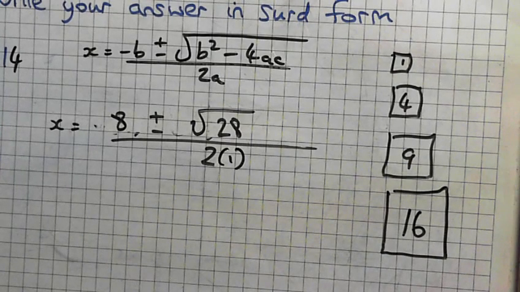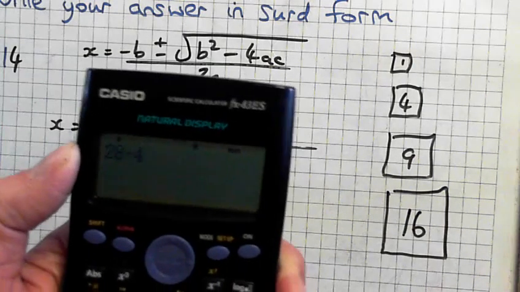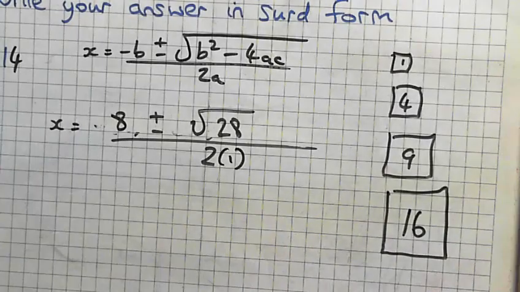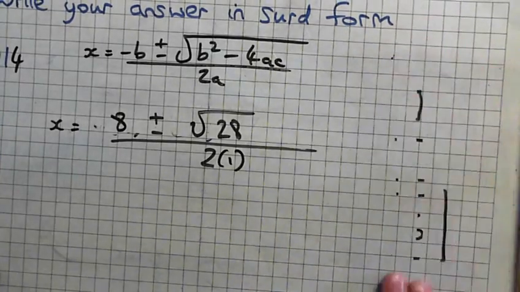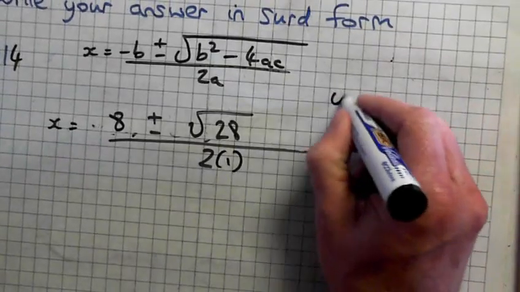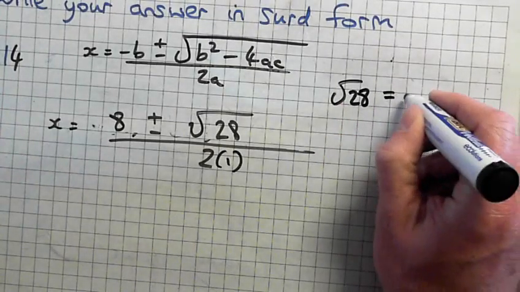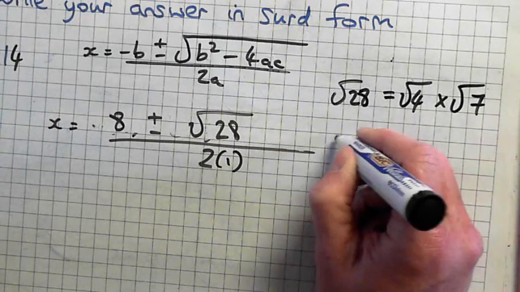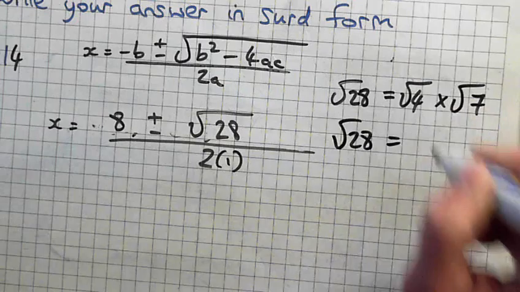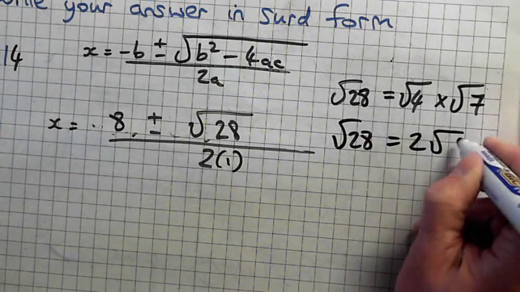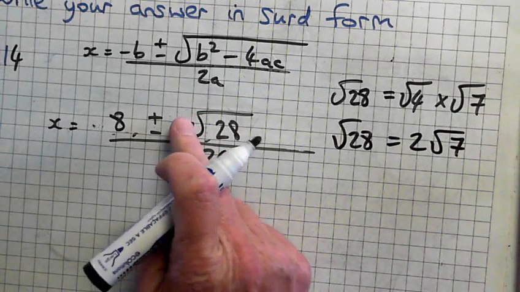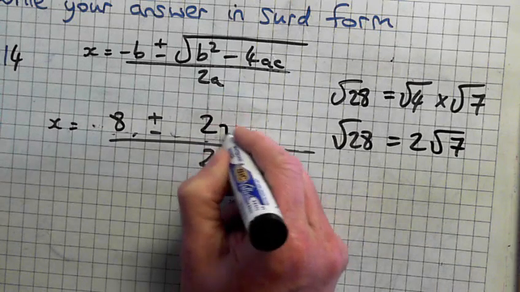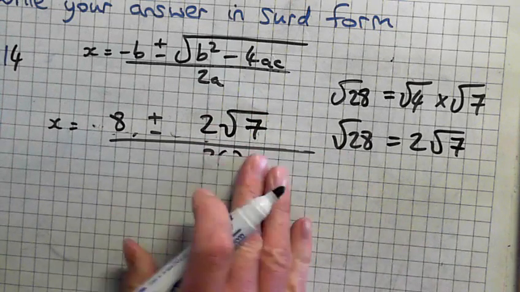Will 4 divide into 28? 28 divided by 4 is 7. So the square root of 28 is equal to the square root of 4, the square number first, times the square root of 7. What's the square root of 4? 2 root 7. So we replace square root of 28 with 2 root 7.